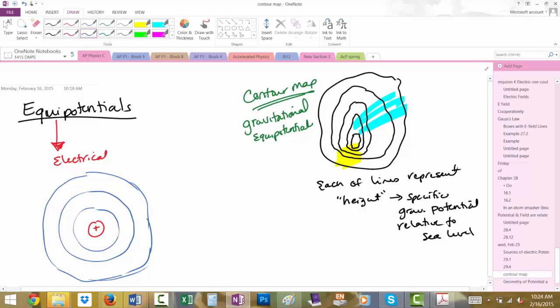What do you notice about the electric field lines relative to the equipotentials? They are always perpendicular, always normal to the equipotentials. And that is super important. Like a gradient, or something.